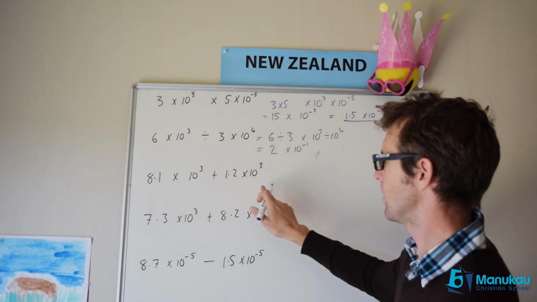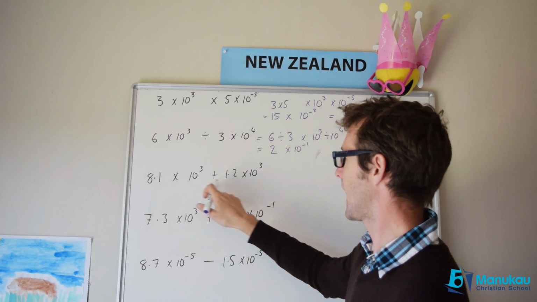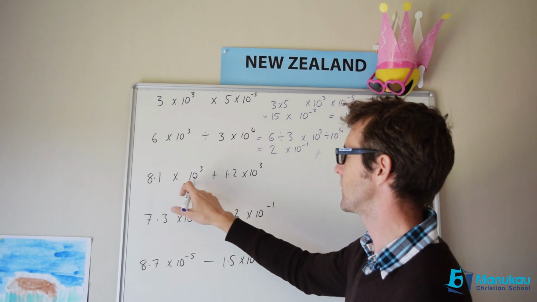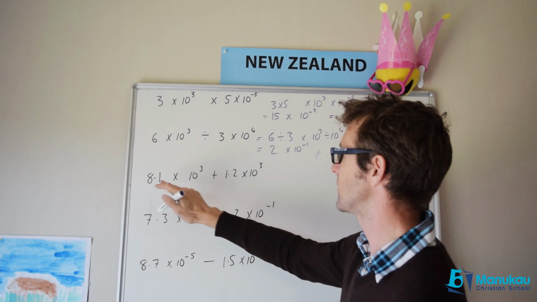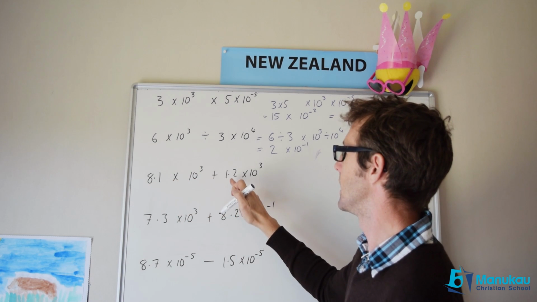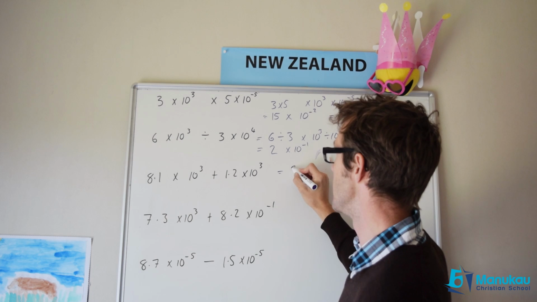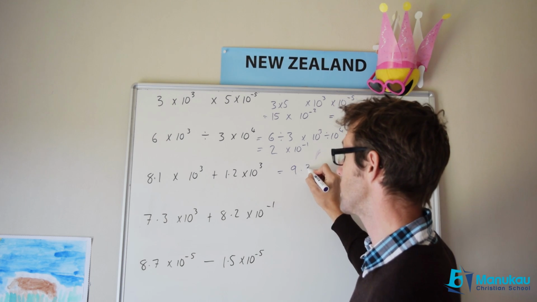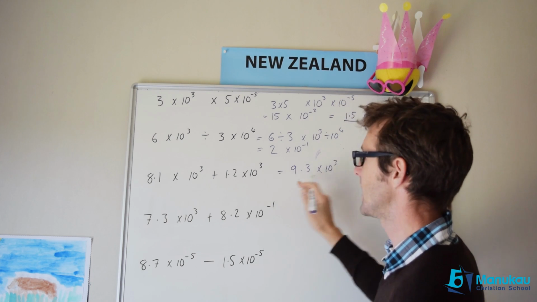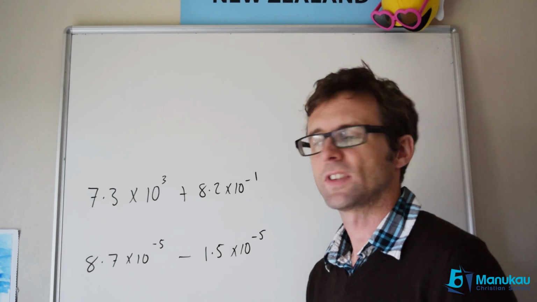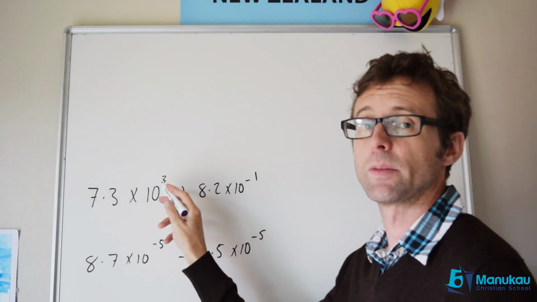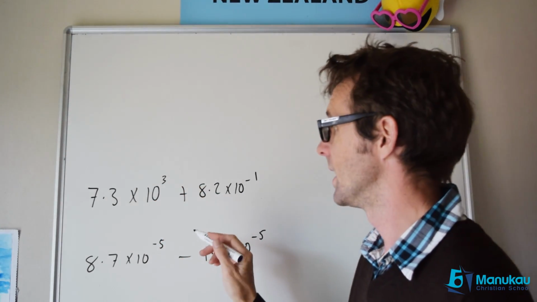This one here, we are going to add. You notice that they're both times 10 to the power of 3. So it's simply going to be 8.1 plus 1.2, so this will be 9.3 times 10 to the power of 3. That's nice and easy. Sometimes they get a bit more difficult. We've got 10 to the power of 3 here, 10 to the power of minus 1.